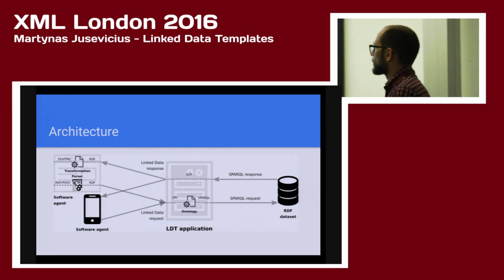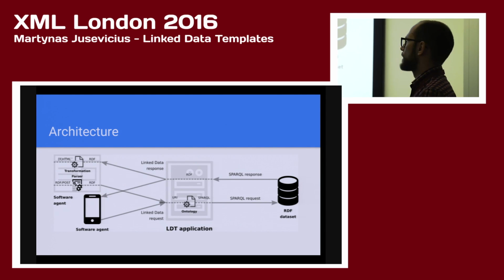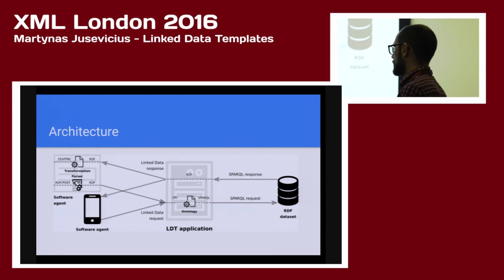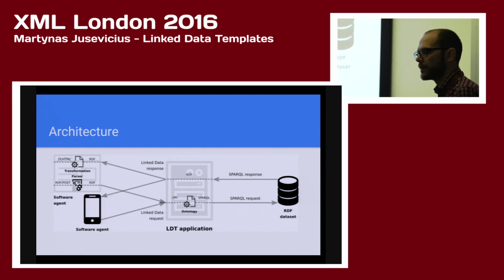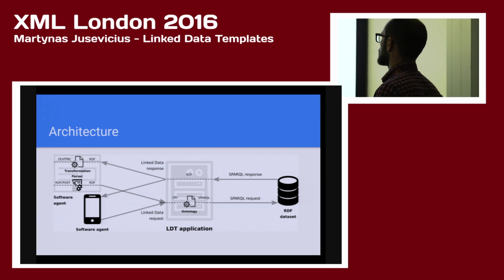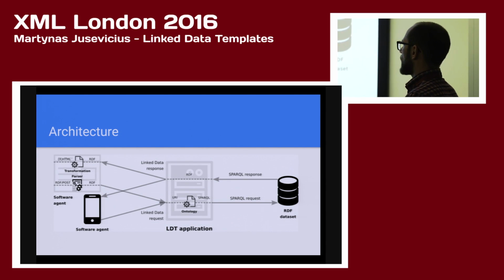So now coming back to the article, this is the linked data templates architecture that our platform uses. In the middle is the linked data application. On the left side, you see 2 different clients. And on the right side, you see the backend, or the dataset backing the application. It's where the data resides. So the clients send linked data requests to the application, and they get back linked data responses with RDF.